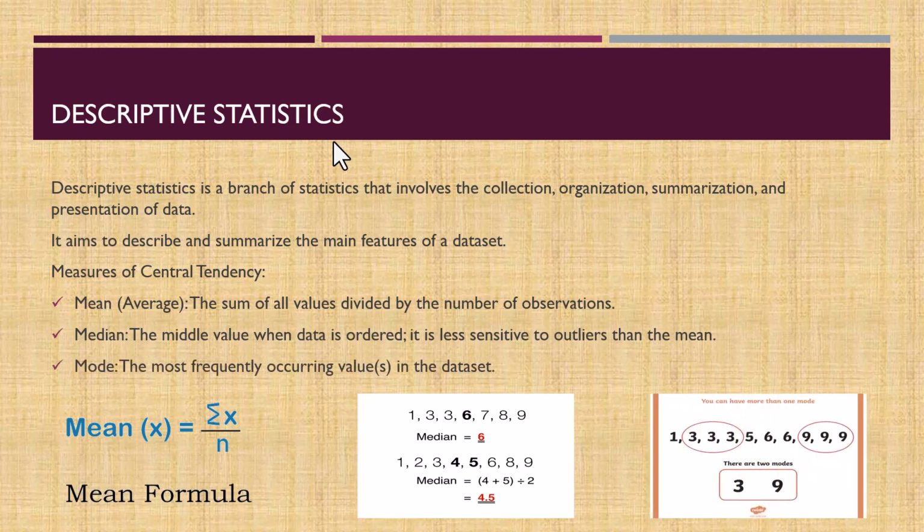We have the mode, and the mode is the most frequently occurring value or values in the data set. As you can see here, we have 3 and 9 as the most frequently occurring values in the data set.